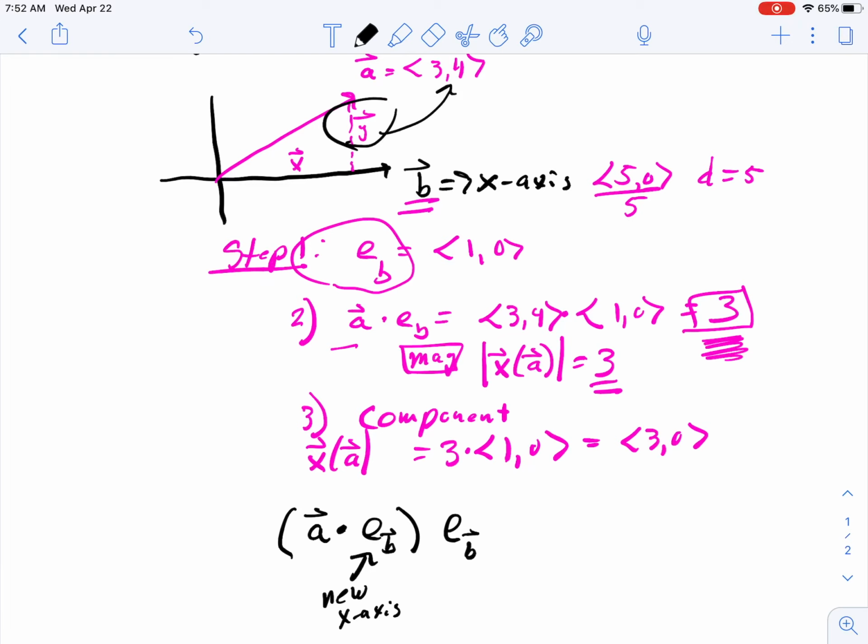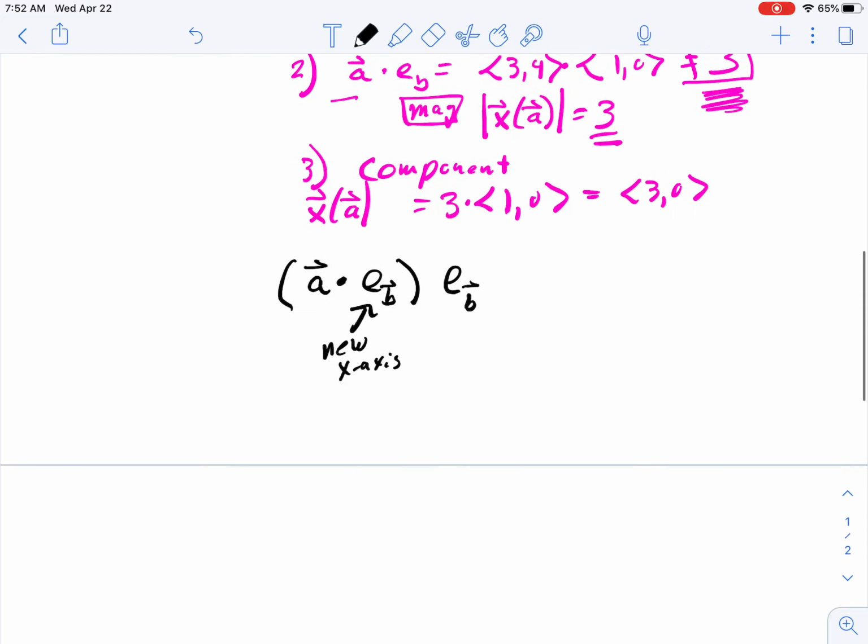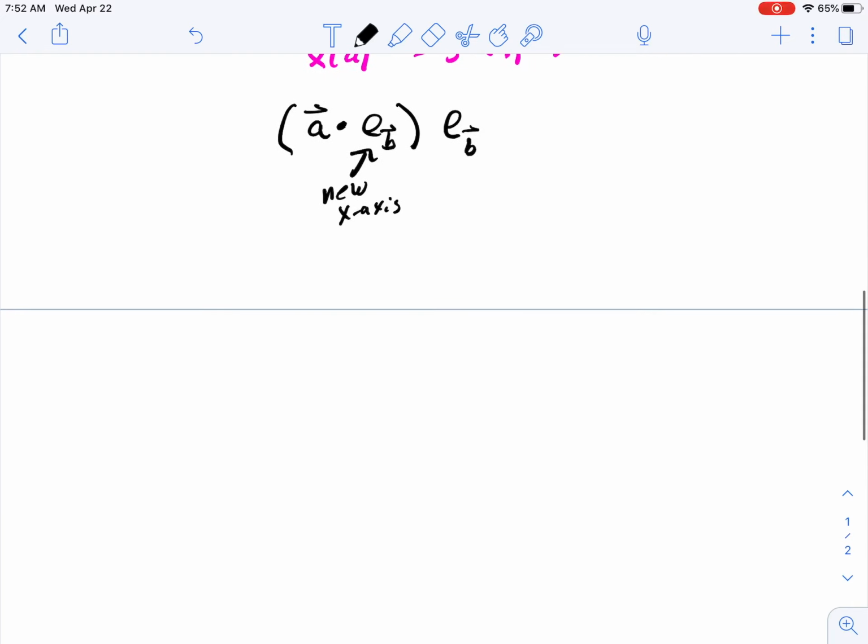Let's come back here. Now we know the y component is this, so the y component would be 0, 4. Okay, and we know that we have the x component, which is 3, 0. So how can we do that? Well, actually, it's pretty simple.